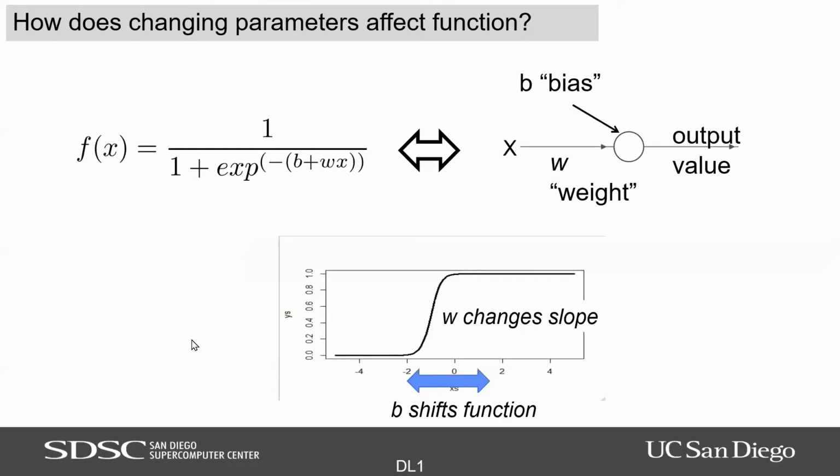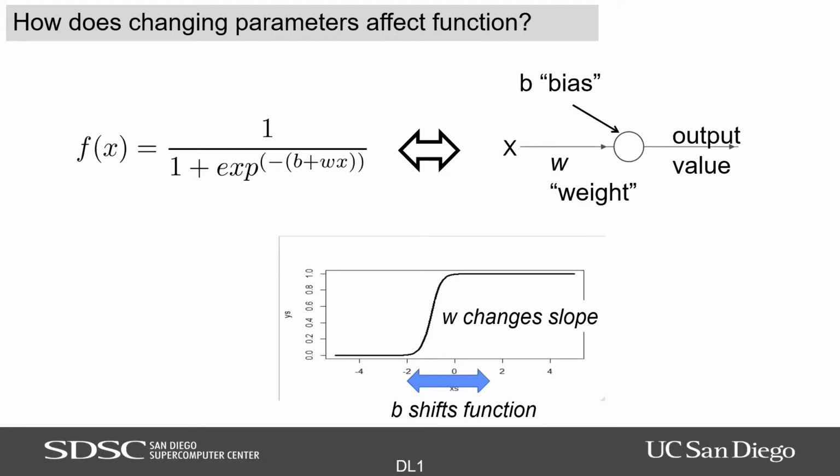So just real quick, we have this function, and the parameters can change this function in different ways. The weight parameter on the input can change the slope of this function. The other parameter, the bias parameter, changes where that function is located. So you could create all kinds of variations.